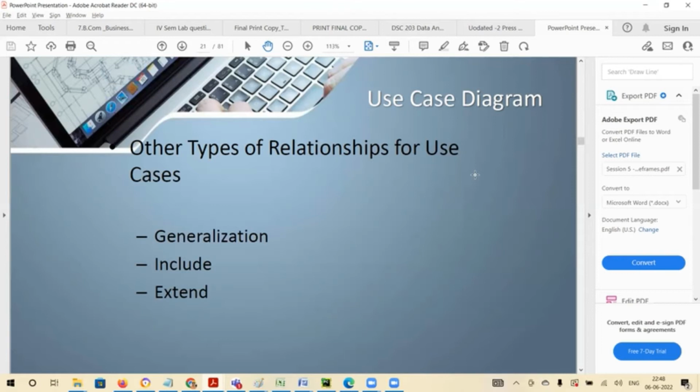Because transaction is a complex thing, instead of focusing on one complete transaction, we are breaking it down into multiple, 4 to 5, child use cases. It's complex to do one, so you break it for your convenience. We call it generalization. Generalization is when you're breaking one into multiple child use cases.